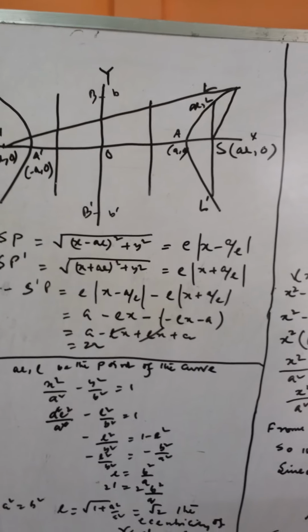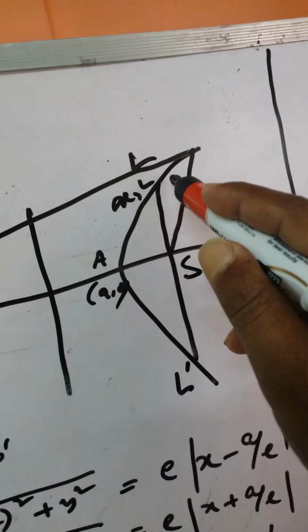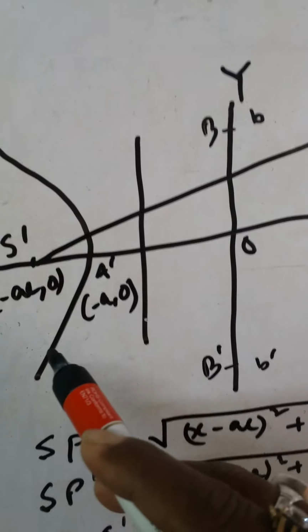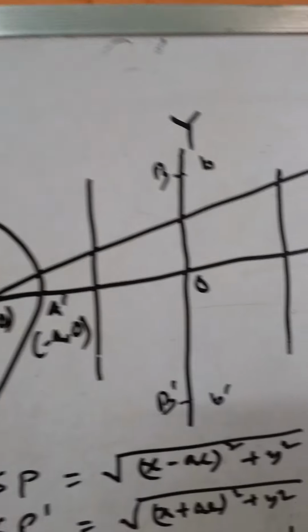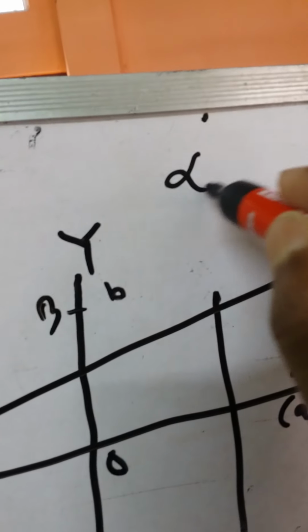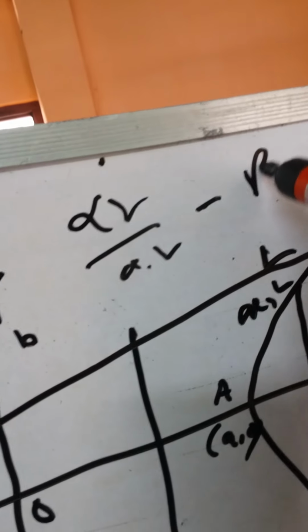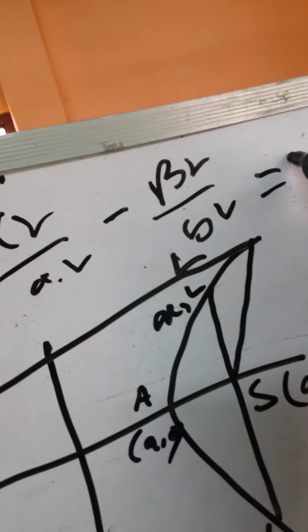Now if alpha, beta is a point, then alpha, minus beta is also a point, minus alpha, beta is also a point, and minus alpha, minus beta is also a point. If we put all these points, then we get alpha square by a square minus beta square by b square equal to 1.